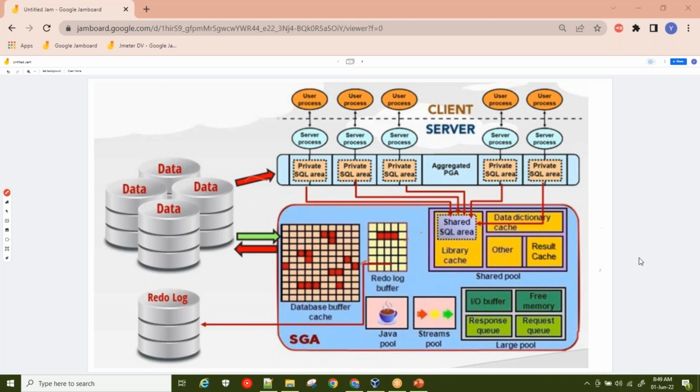Whenever a change happens, it writes the data to the log and then deletes it. It will not keep that data for very long. This process is constant and keeps repeating after a specific time. Again, this is memory management timing and configuration, and we will see how it is done. Anyone, any query?